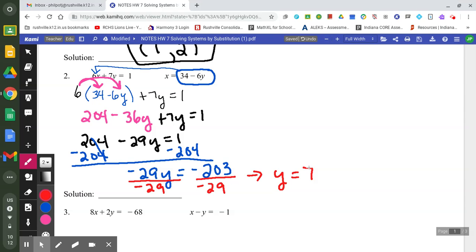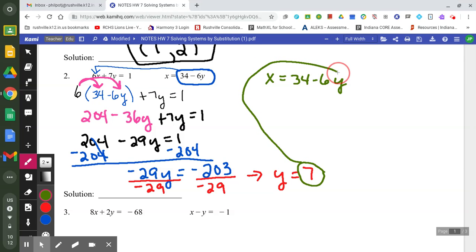Now I'm going to go back up and I'm going to use either one of these equations. I like this second one. So I'm going to rewrite it. X equals 34 minus 6y. And this time I'm going to take this 7 and I'm going to substitute it in for that y.